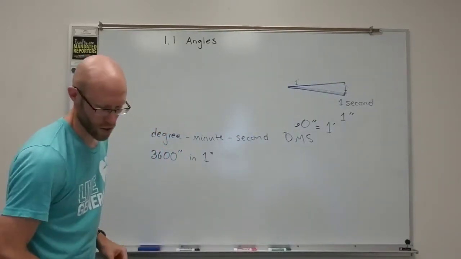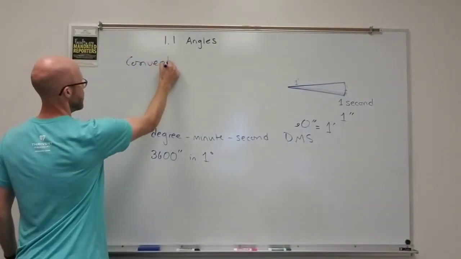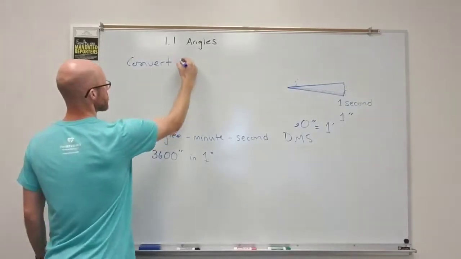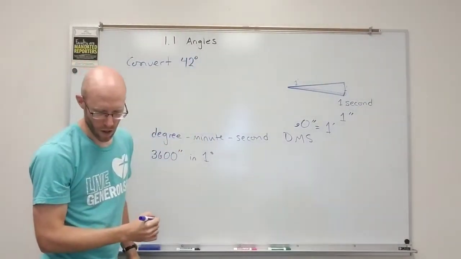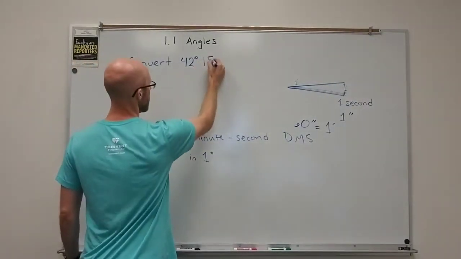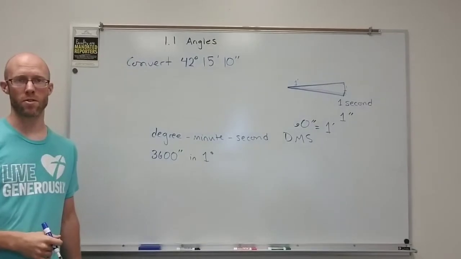Okay, so an example, let's say we wanted to convert 42 degrees, 15 minutes, and 10 seconds. That's our degrees, minutes, seconds.